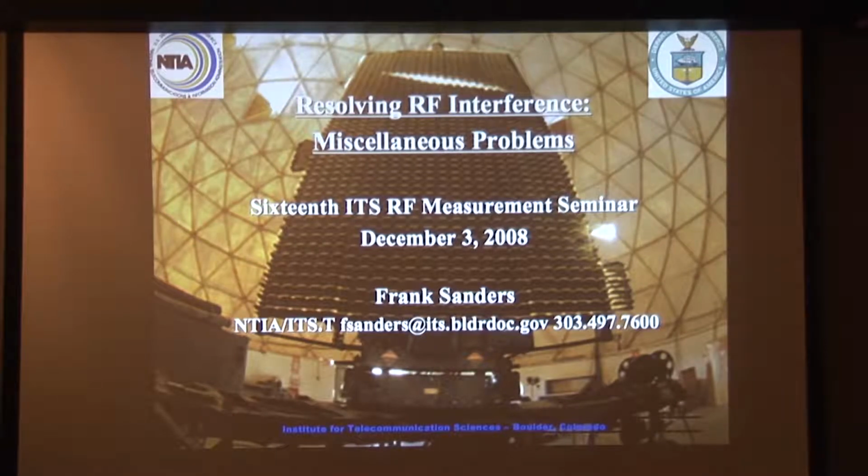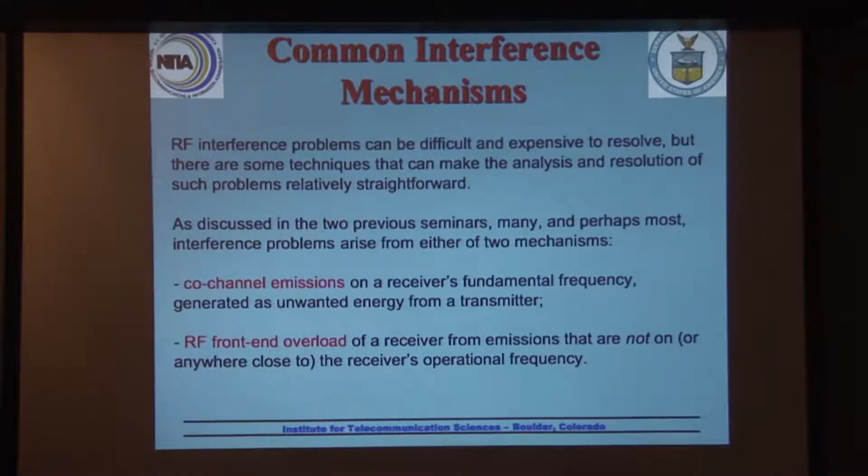When you're looking at what I call a miscellaneous or a zoo category problem, you're going to have to, I think, normally eliminate co-channel interference or RF front-end overload first, and then work your way down to what the problem actually is. And so today we're going to start off by doing a real quick review on the first two mechanisms. These are what I have encountered as the most common interference mechanisms.